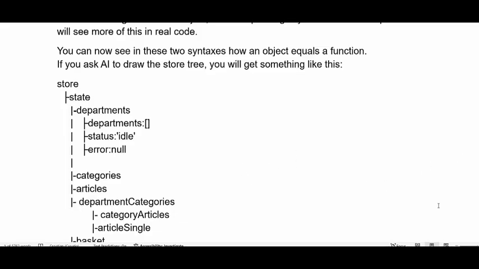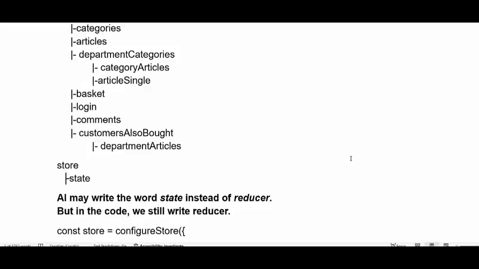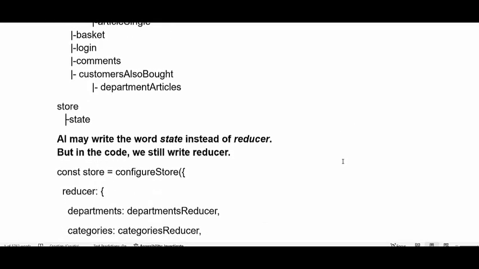If you ask AI to draw the store tree, you will get something like this. Store, there is a state, an object state, there is an object departments, categories, articles, etc. Here you see store, there is a state.